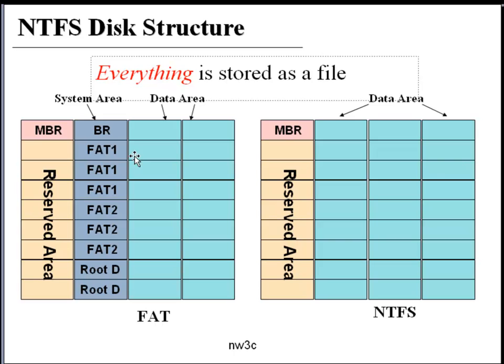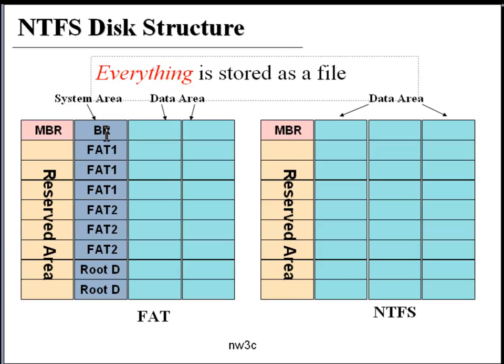Okay, looking at the NTFS disk structure and comparing it to FAT, recall that under NTFS, everything is stored as a file. And so if we compare these two, the FAT and NTFS, here we have this small reserved area, which is the master boot record, and you do have one of those for each file system.